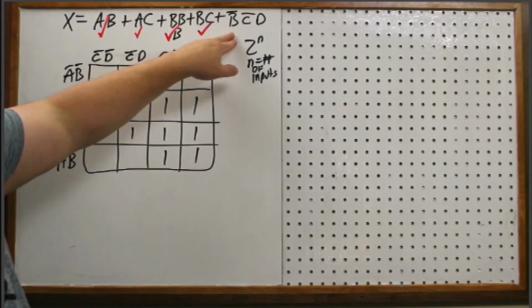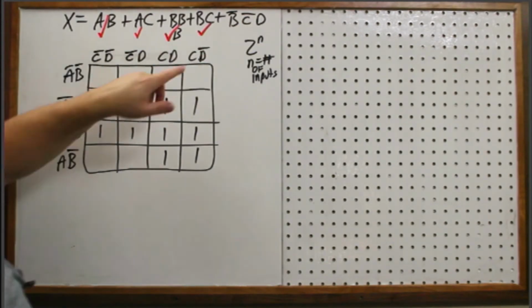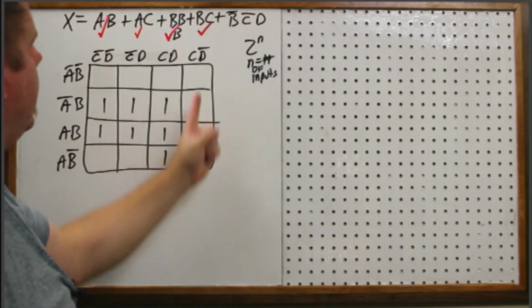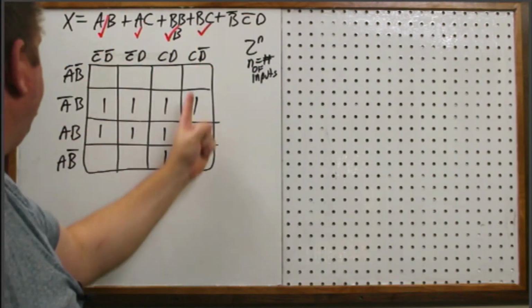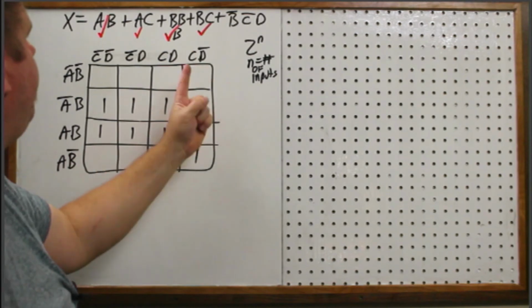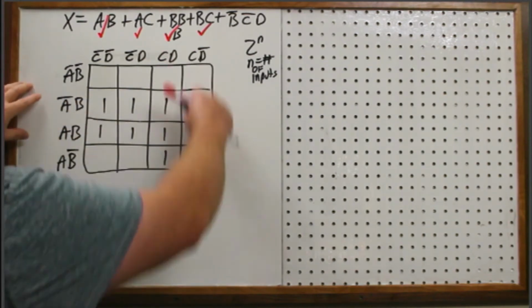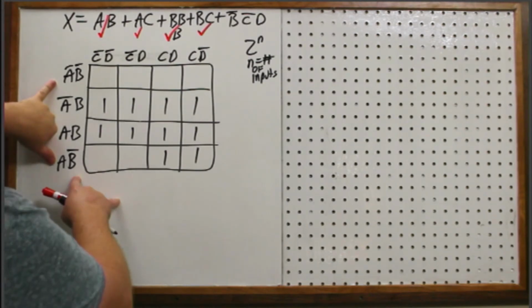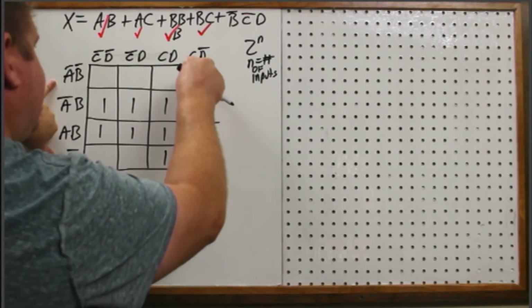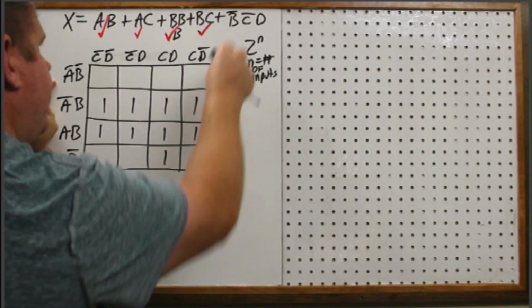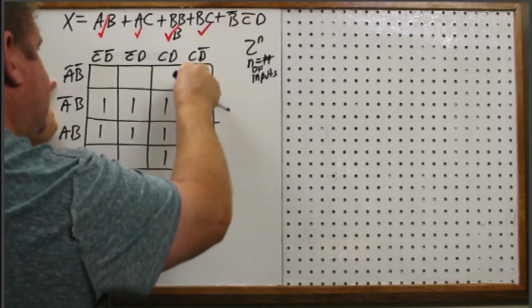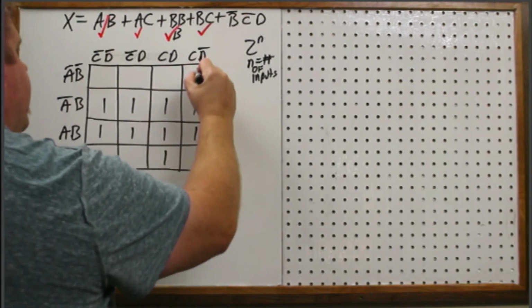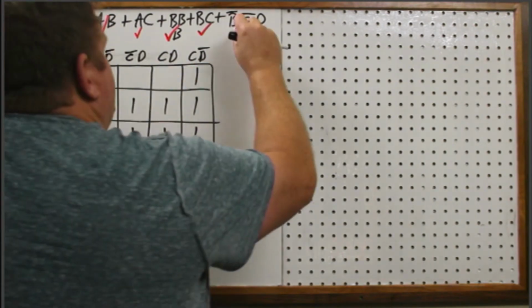B naught and C naught and D. All right, well, where is C naught and D? That's this entire column. And then we're refining it to only talk about B naught. So that's this column and this bottom row where you have B naught. So that is this one and this one. This term refers to this and this, one of which has already been done with a different term. So here we go. All right. So now I've got them all.